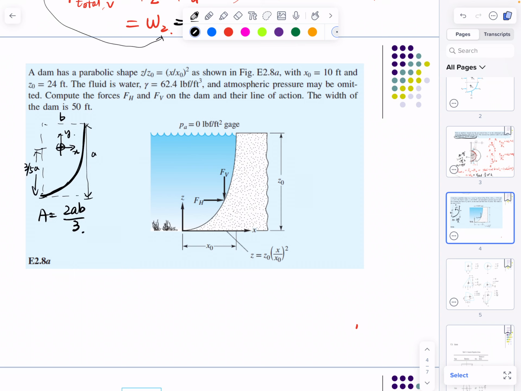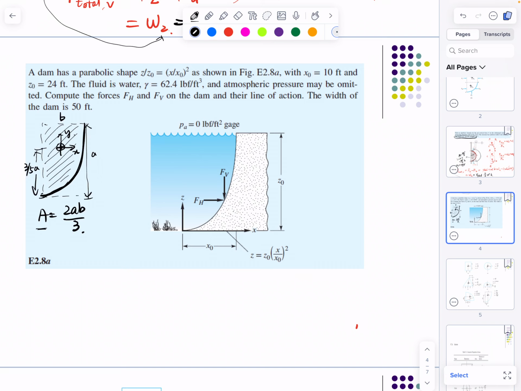These are some conditions or equations you need to know. This A is the shaded area.